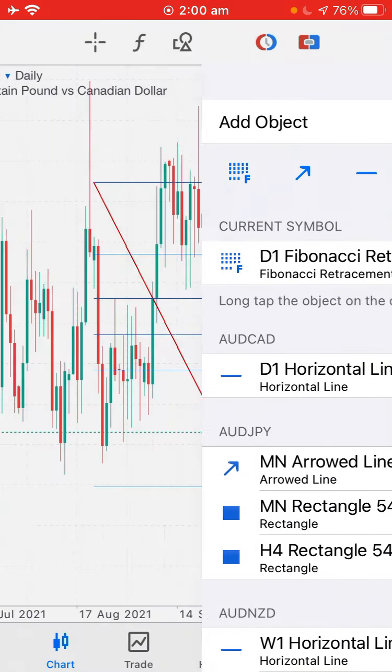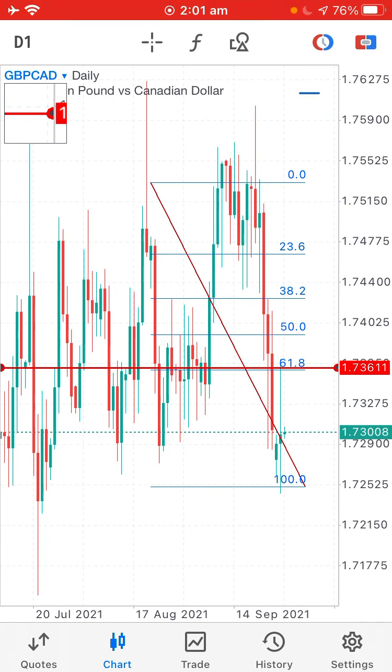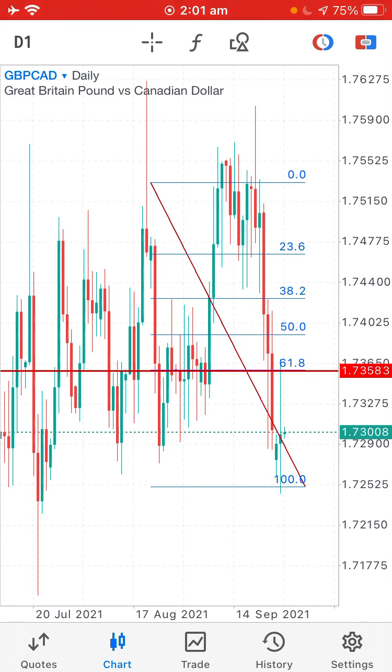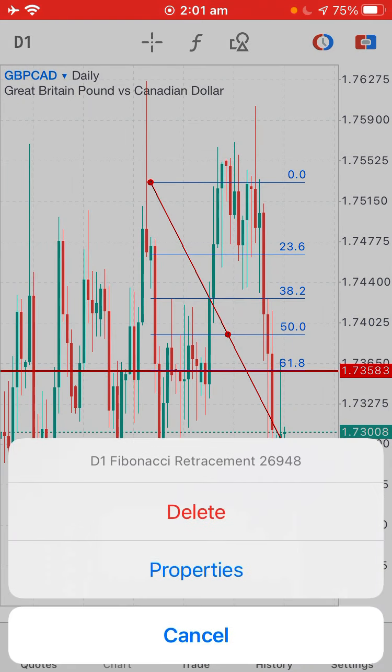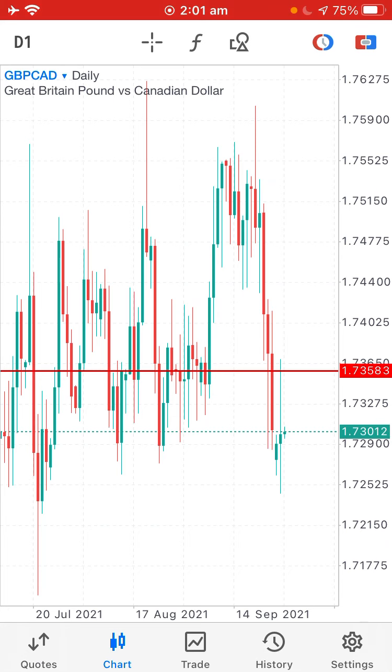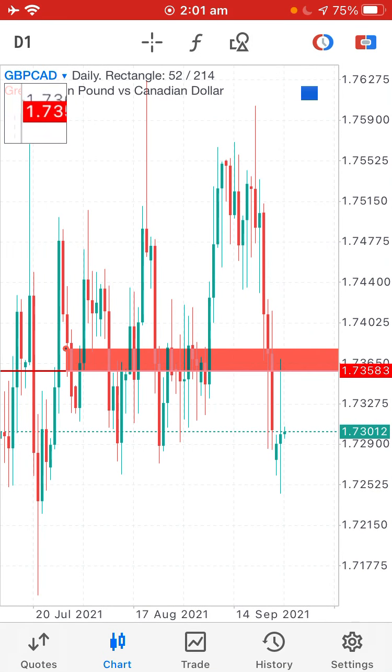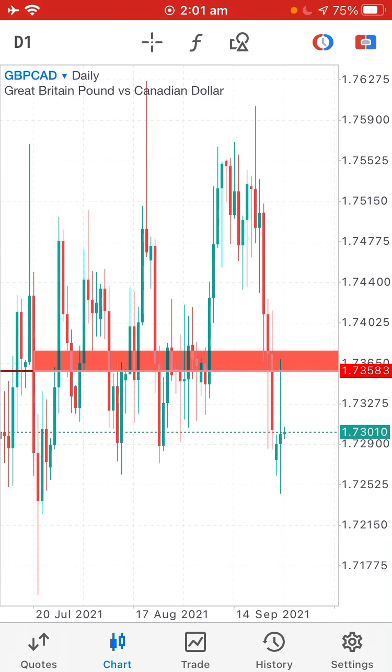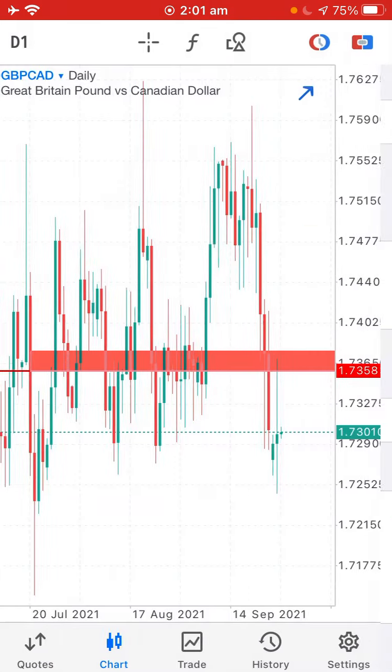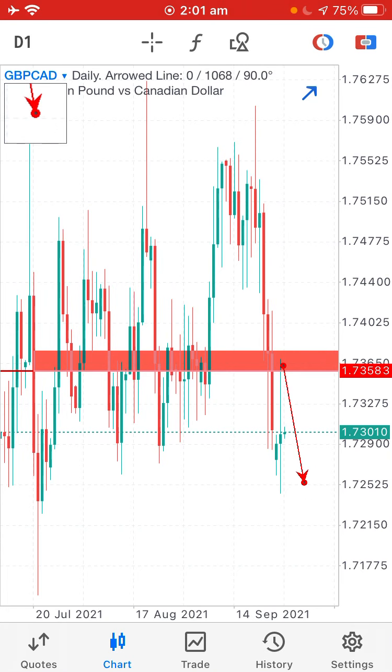As we can see, this market retested the 61.8 level of the Fibonacci right here. Understand? The market retested the 61.8 level of the Fibonacci, matching up with this previous resistance over here. So right now we expect this market to provide a move to the downside.